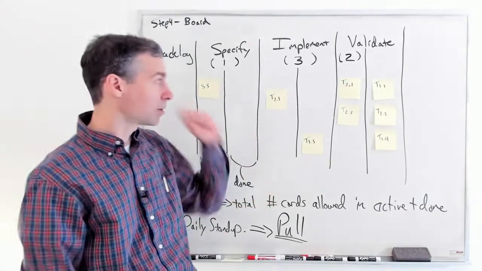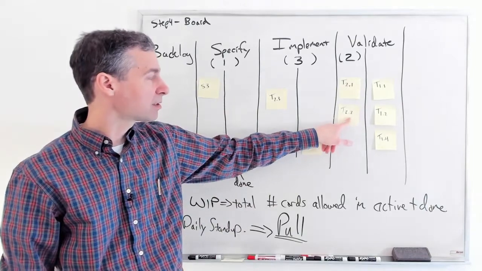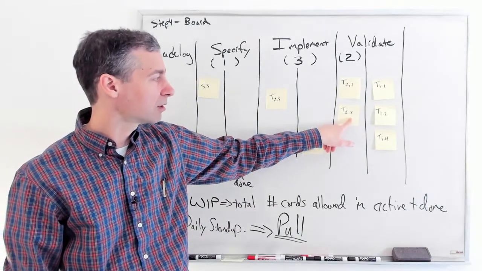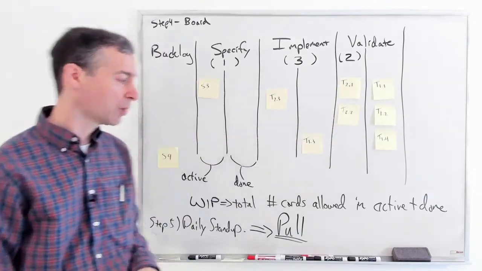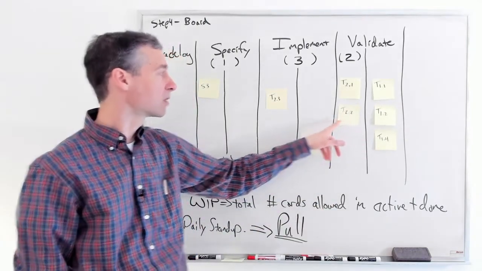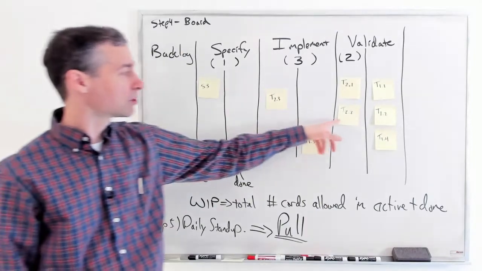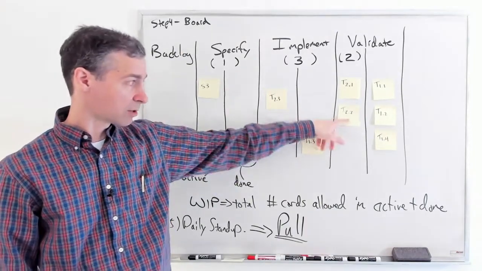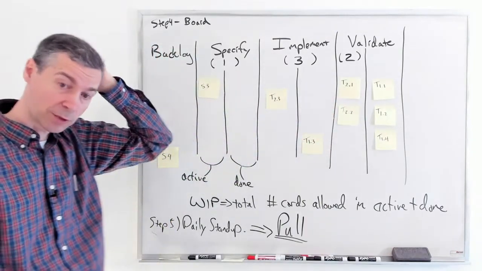So one of the questions is, what happens when Validate says, we've been checking this out and there's a bug here? Well, they're not allowed to move it to the done column because it's not done, there's bugs. So the Implement people are told, yeah, you've got to go work and fix these bugs for us before we're able to make it done.